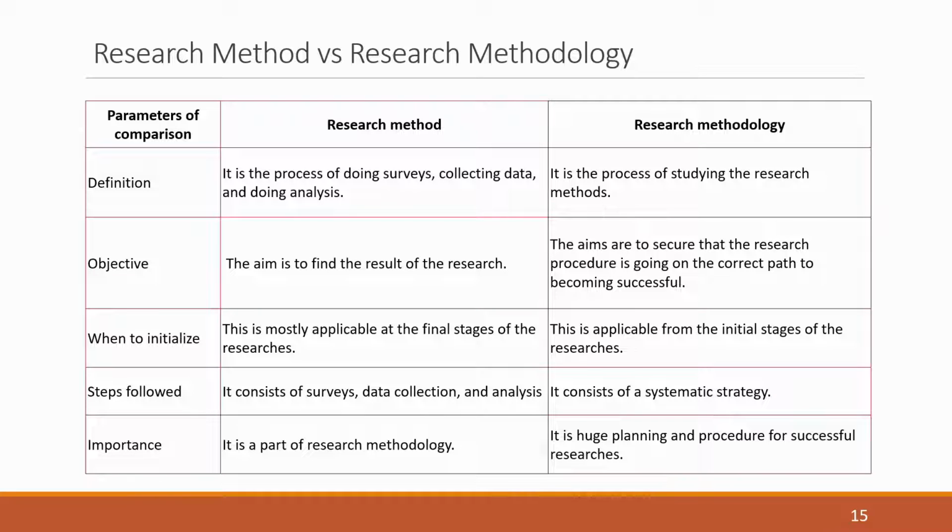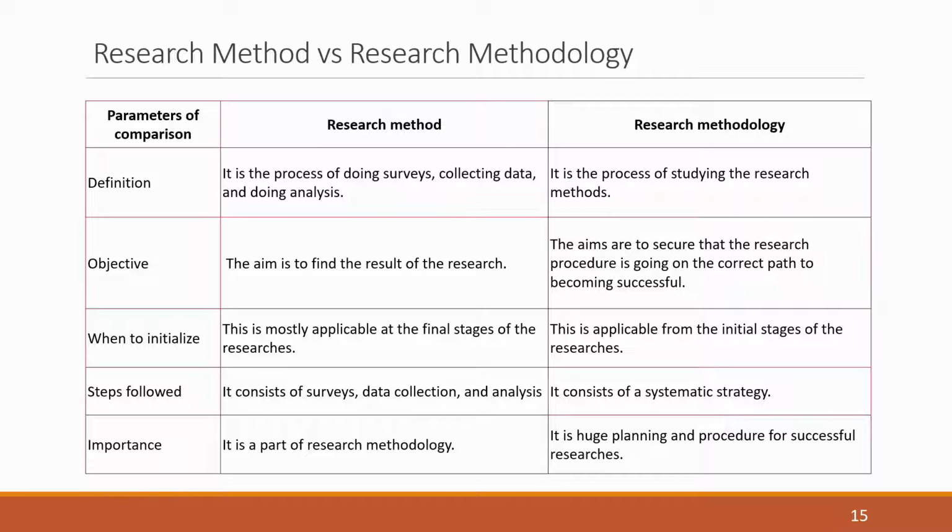That means when we write research methodology, you are developing or summarizing the method that was used in your research, or that can be applied for similar research. So you got this point.